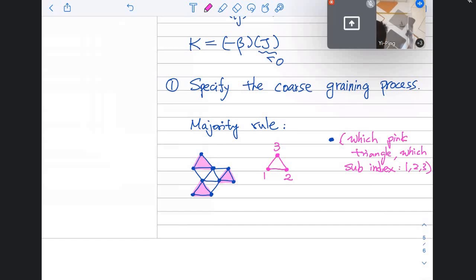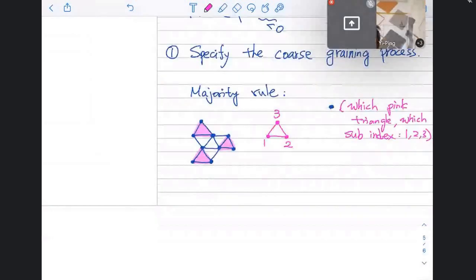We can use capital I and J to represent which pink triangle, and we use 1, 2, 3 for the subindex of where this particular spin is sitting, okay?